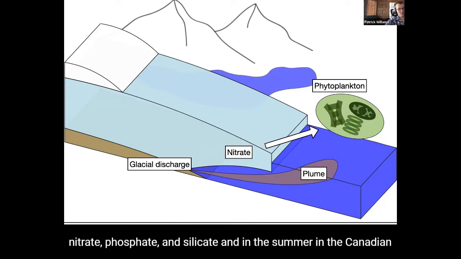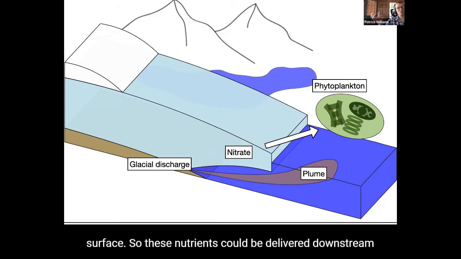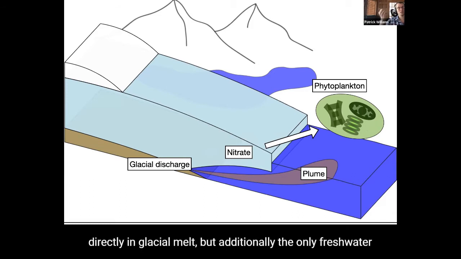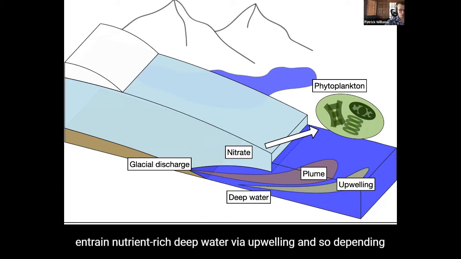And in the summer, in the Canadian Arctic, nitrate is the major limiting nutrient at the ocean surface. So these nutrients could be delivered downstream directly in glacial melt, but additionally, the buoyant freshwater plume as it's rising through the water column can also entrain nutrient-rich deep water via upwelling.